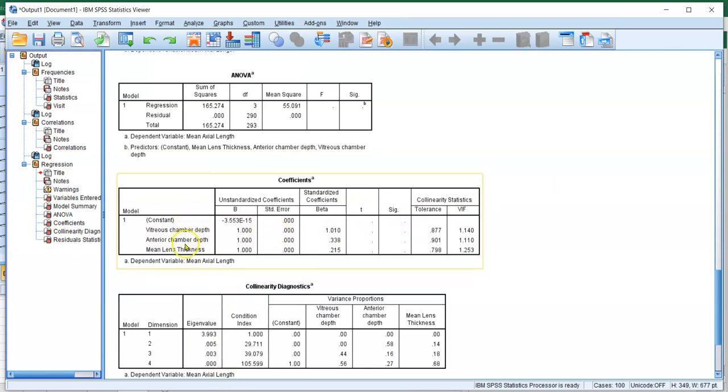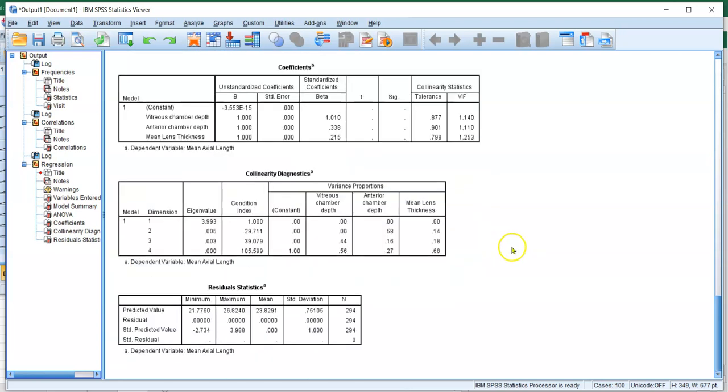The vitreous chamber, anterior chamber depth, the mean lens thickness, all their coefficients are 1. The constant is as close as you can get to 0. The tolerance shows that they all are pretty much accounting within each one for all the variance. Inflation factors are well below 2. And we're going to ignore the collinearity doctrine.